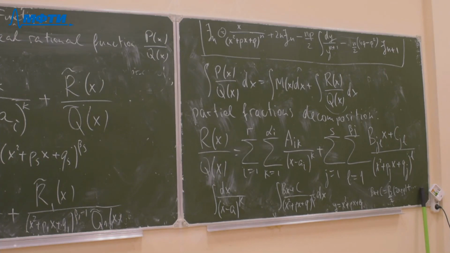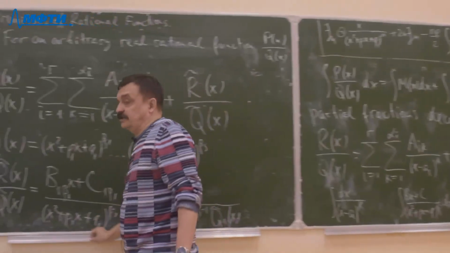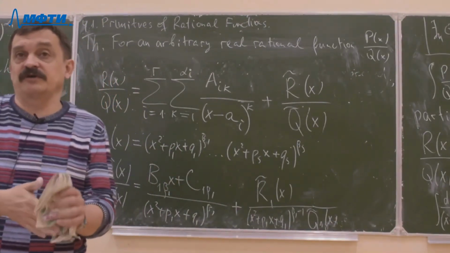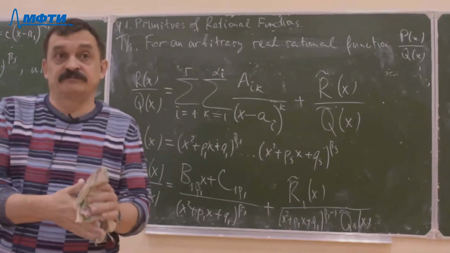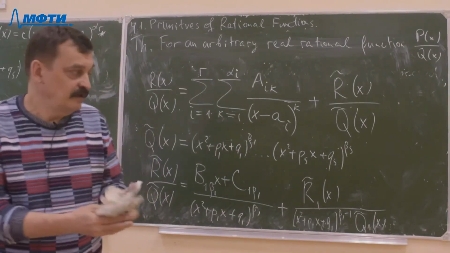J1 was arctan, right? So in fact we can say more precisely which elementary functions can be involved. Arctan, logarithm, and power function. Nothing more, right? Every integral of a real rational function can be written with the help of those elementary functions. Logarithmic, arctan, and power. Nothing else. That's all. Thanks for your attention.